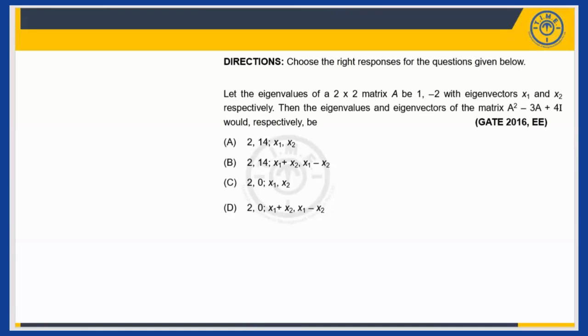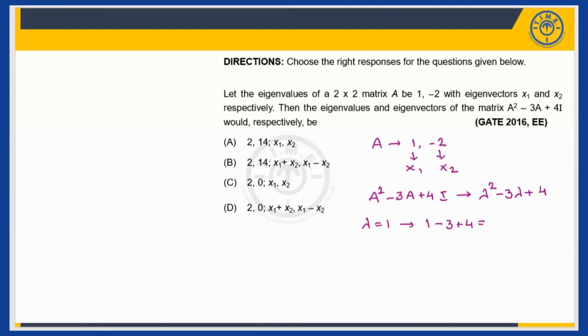Let the eigenvalues of a 2 cross 2 matrix be 1 and minus 2, and the eigenvectors be x1 and x2. So what are the corresponding eigenvalues of A square minus 3A plus 4I, and the eigenvectors also? The eigenvalue is lambda square minus 3 lambda plus 4. For lambda equal to 1, that is 1 minus 3 plus 4, which is 2.